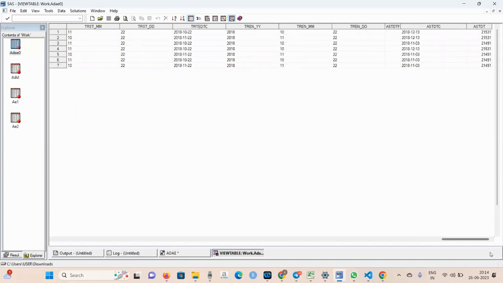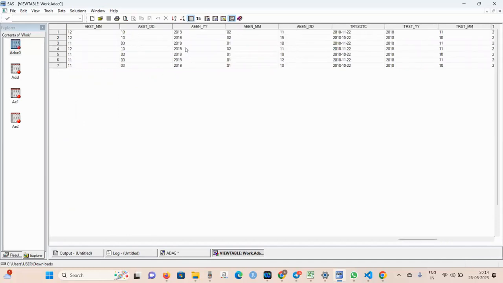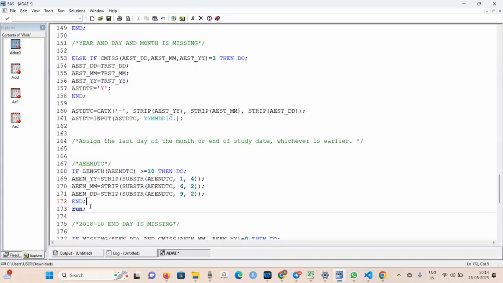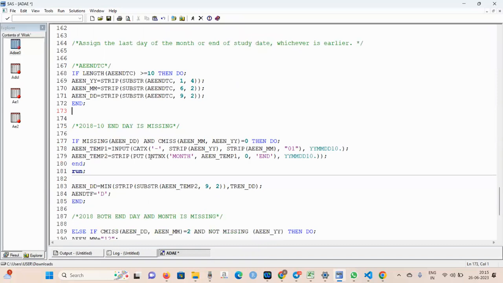Does it change anything here? The values there. Input of catex.